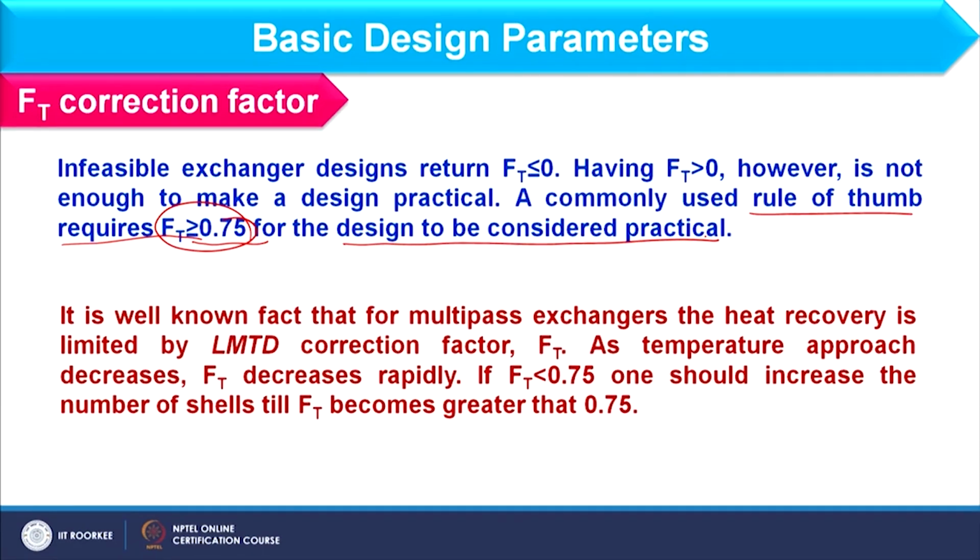If I consider a 1-4 shell and tube heat exchanger, the Ft correction factor graph will be different. There, for the same terminal temperatures, Ft can be more than 0.75, that is the advantage. Now I will show how the shell passes improve the temperature cross and so the Ft correction factor.